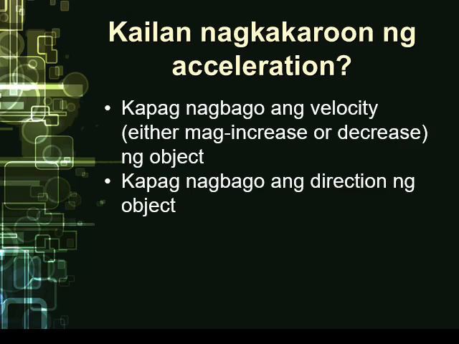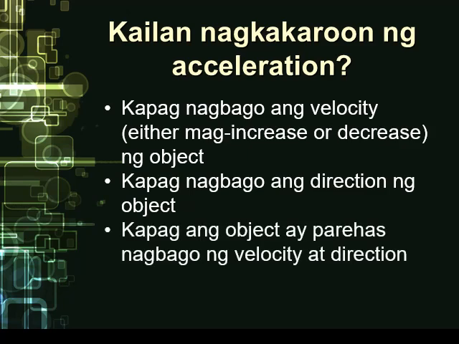Okay, for example, yung ship mo, meron siyang velocity na 25 knots going north. And then, bigla kang nag-change in direction, naging 25 knots east. Okay, so may acceleration pa ba doon? Yes, meron. Kasi nagbago yung direction, kahit hindi nagbago yung velocity. Okay, so kapag ang object ay parehas na nagbago ang velocity at direction, pag parehas na, pwede ka ring magkaroon ng acceleration doon.